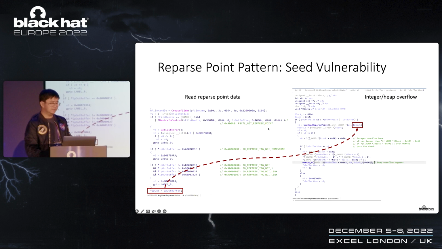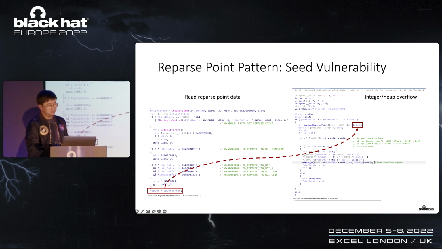Second, reparse point pattern. You can see there are 2 parts in this seed vulnerability. The first part is reading reparse point data. It calls DeviceIoControl with the control code FSCTL_GET_REPARSE_POINT to get the reparse point data, and you can see there is some filtering by comparing the reparse point tags.